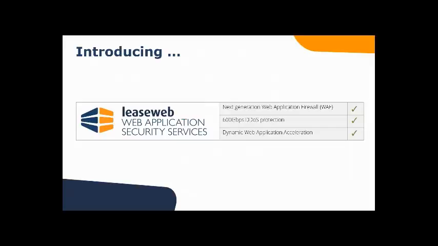And in a nutshell, it provides all of the key technical solutions that you need to deploy in one single platform for a single monthly subscription to prevent data breaches on your websites and DDoS attacks that may take those websites offline and unavailable. So the LeaseWeb Application Security Platform provides what we call a next-generation web application firewall.